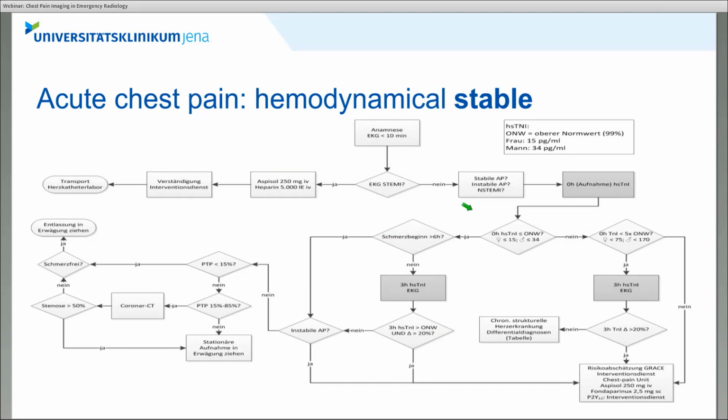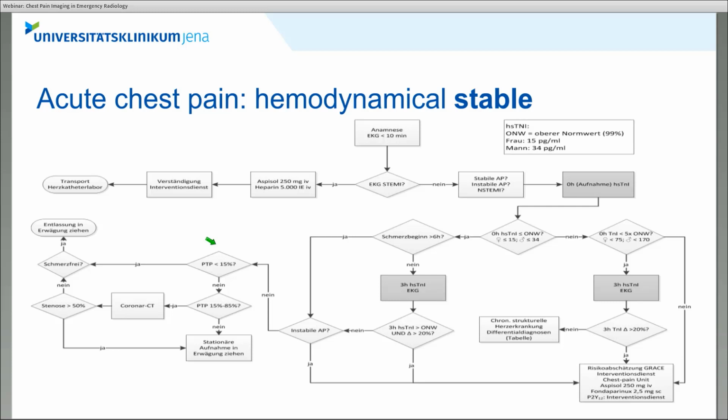This algorithm is what I briefly showed you before. It comes directly from the guidelines, the previous guidelines on coronary artery disease. You see that if you have unstable angina pectoris, a chest pain patient with the question of instability, and if you have a stable patient, then you look at the pretest probability.